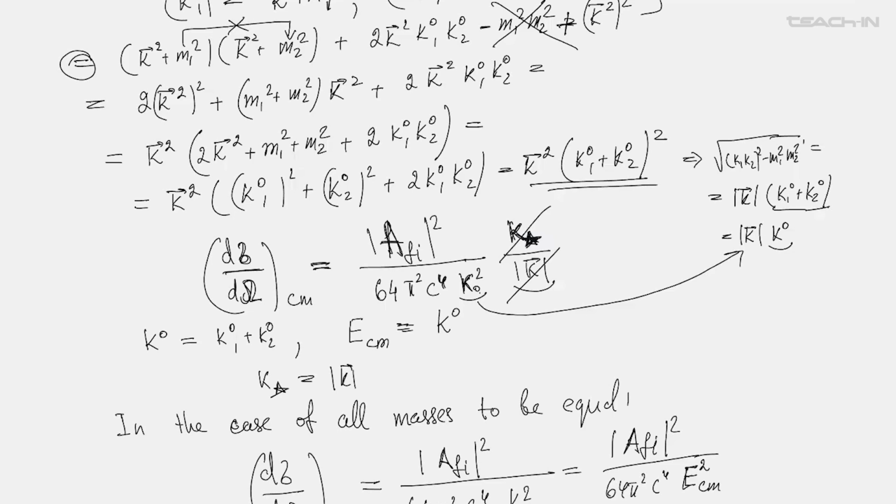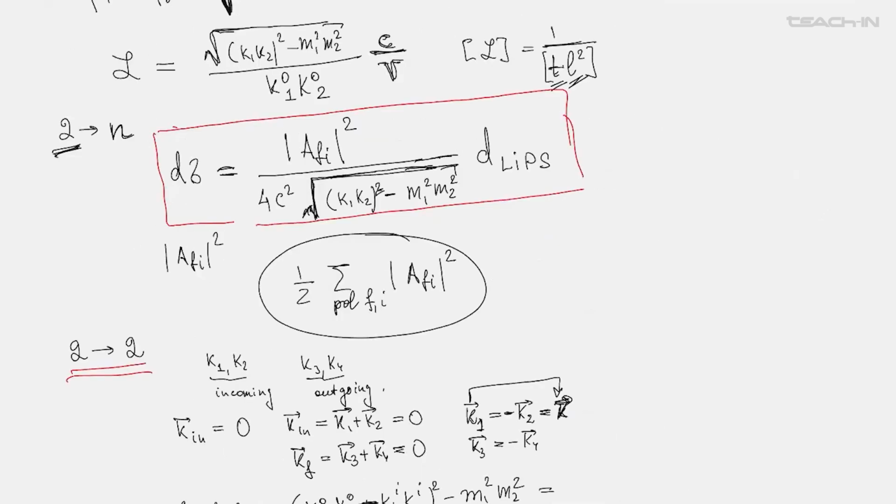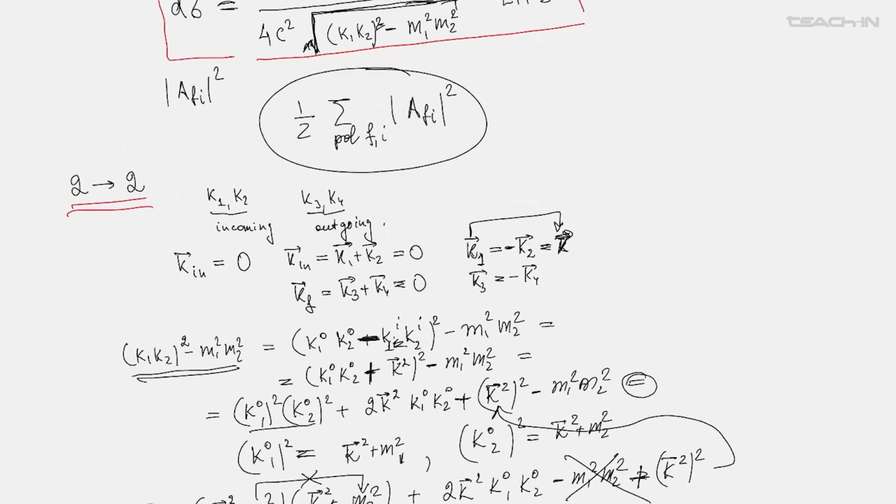In principle, all the formulas remain the same. You don't have many modifications. The formula for dσ remains the same. You just have to be a little bit careful and take into account that the mass of photons is 0. But the main formula remains the same.